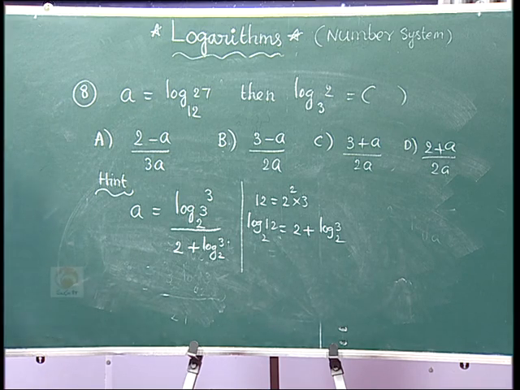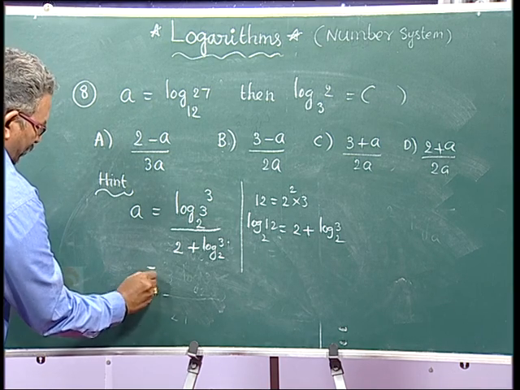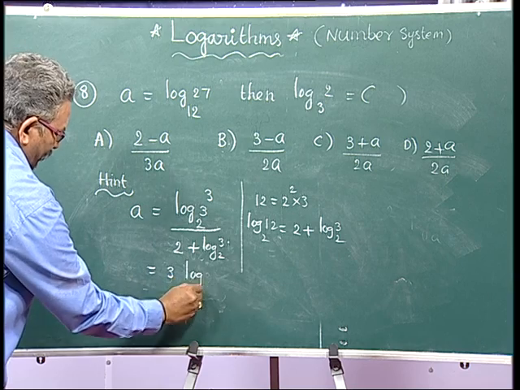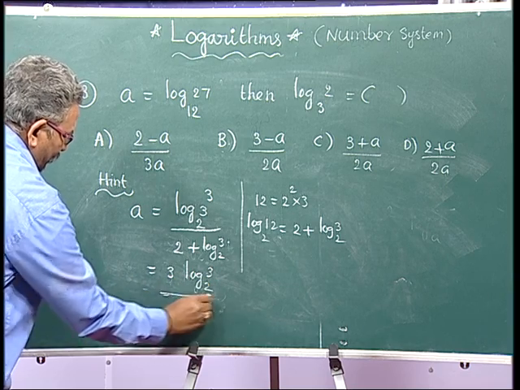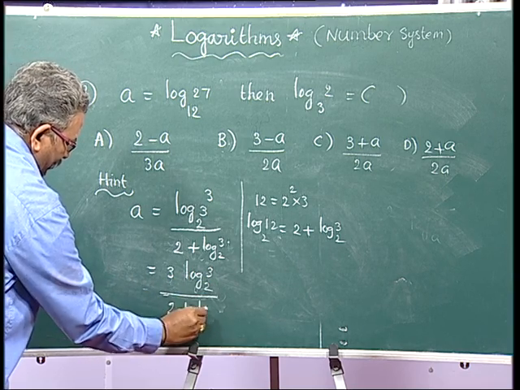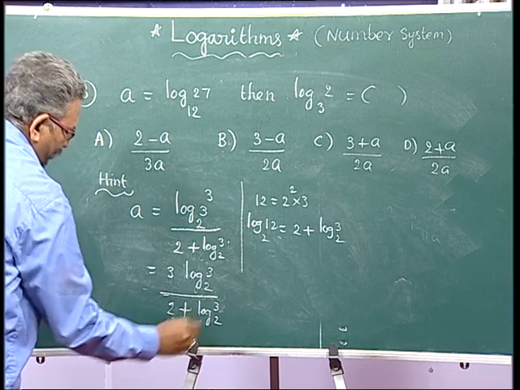Okay. Now, this is 3 times log 3 base 2 by 2 plus log 3 base 2.